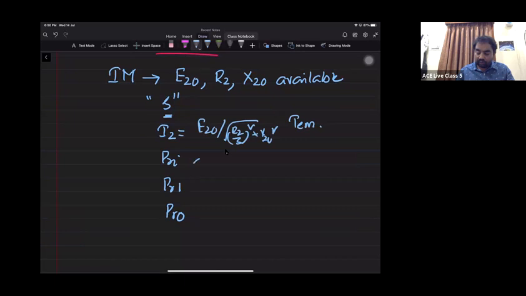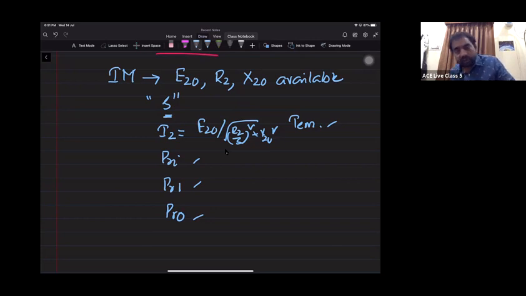Like that, you can calculate all of these. So if I know the rotor equivalent circuit parameters, E2 naught, R2, X2 naught, I can calculate rotor input, rotor losses, rotor output when the motor is operating at a given slip. Is it clear?